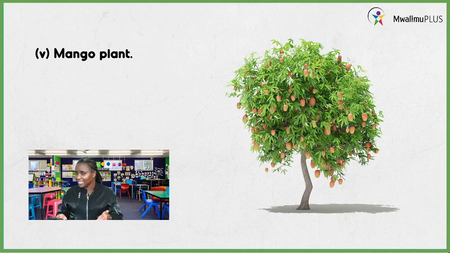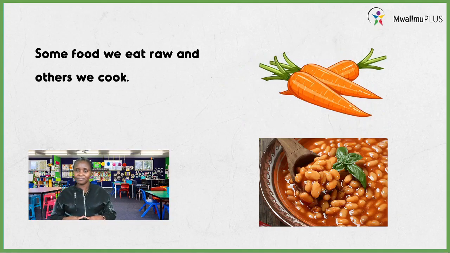If you have never seen one, you only see the fruit. Now the fruit is picked from a tree, a mango plant. Well, we have many types of plants, but for today, we have just covered a few.